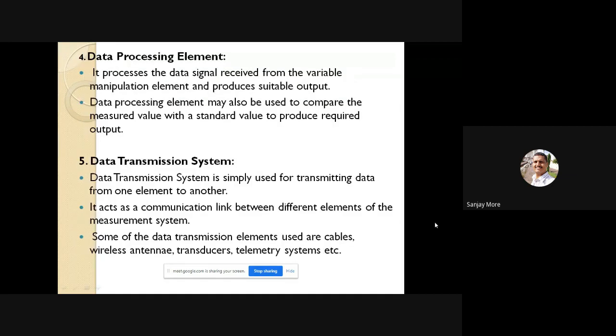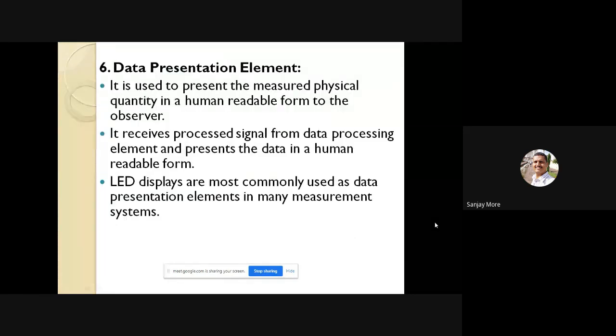Then the fourth one is the data processing element. When receiving the data from all the blocks, it is processed. It processes the data signal received from the variable manipulation element and produces a suitable output. This output is transferred to the data transmission system, which is simply used for transmitting data from one element to another. Then the last one is the data presenting element.